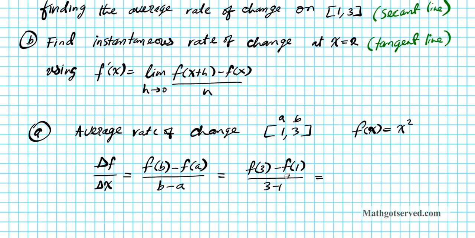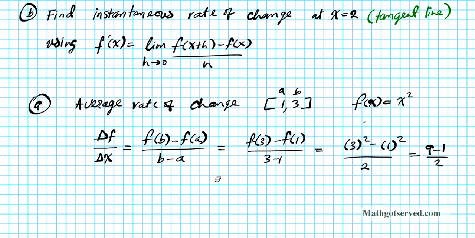Now we're going to input these independent values into our function. So we have 3 squared minus 1 squared over 2. 3 squared is 9, minus 1 is 8, and 8 over 2 equals 4. So there goes the average rate of change.